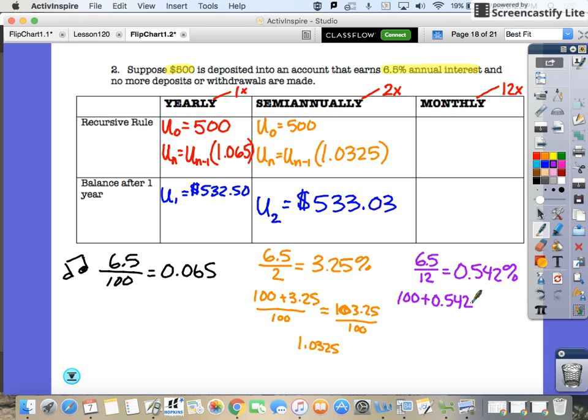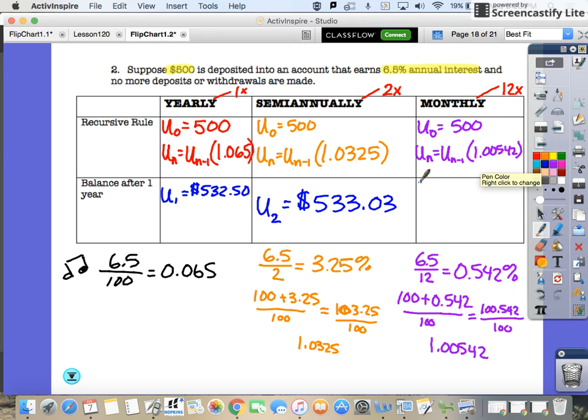It's super tiny. It's not a decimal percentage, it's the actual percentage. Divide that by 100. So 100.542 divided by 100 gives you 1.00542. U sub 0 is still $500, but this time u sub n equals u sub n minus 1 times 1.00542.